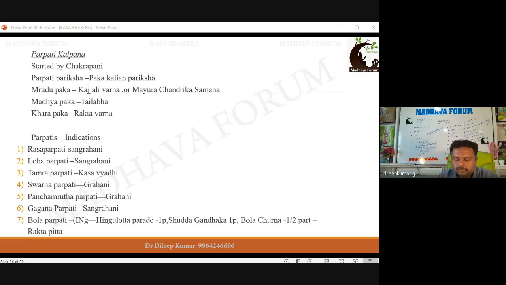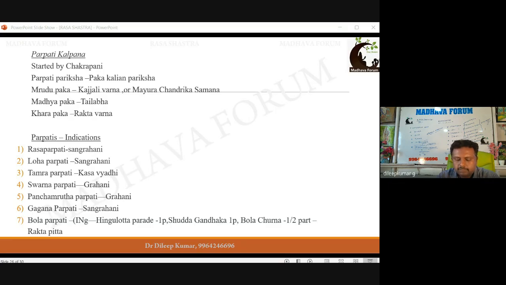Karapaka is Rakta Varna. So Mrudupaka is Mayura Chandrikavat Varna, or Kajali Varna is also explained in some other granthas. Madhyama Paka is Taila Niba or Taila Varna. Karapaka is Rakta Varna.